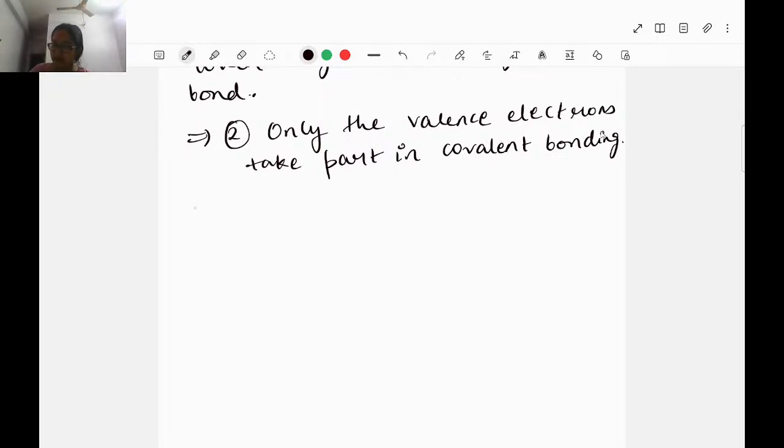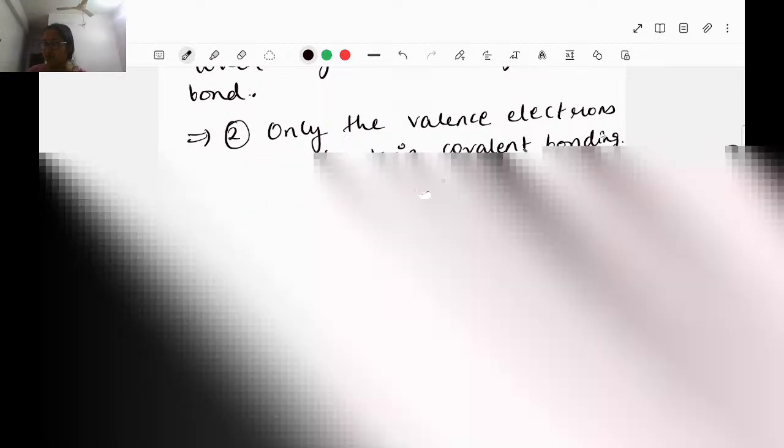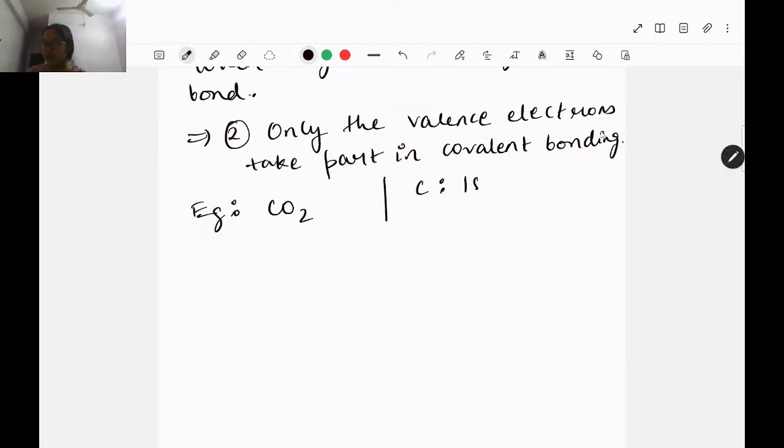Let us start with a simple example, carbon dioxide, CO2. Carbon has an electronic configuration of 1s2, 2s2, 2p2, right? We know that from the chapter called atomic structure. And in this case the other atom is oxygen.